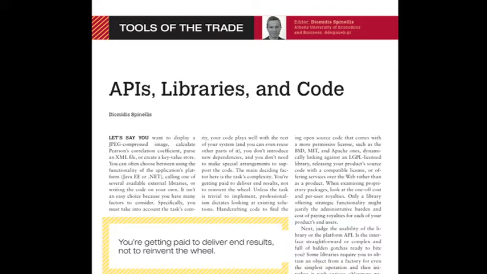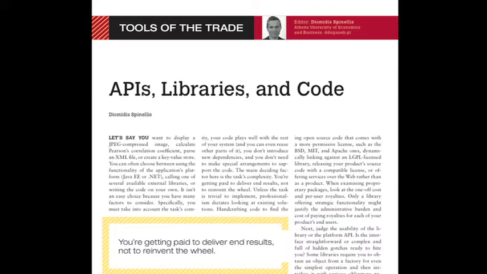When examining proprietary packages, look at the one-off cost and per-user royalties. Only a library offering strategic functionality might justify the administrative burden and cost of paying royalties for each of your product's end users.